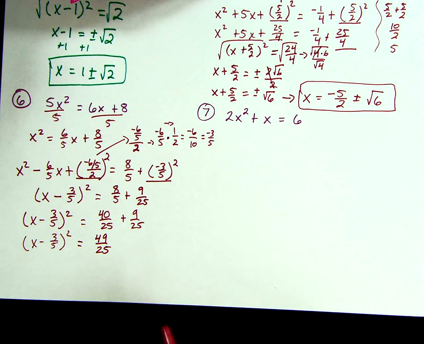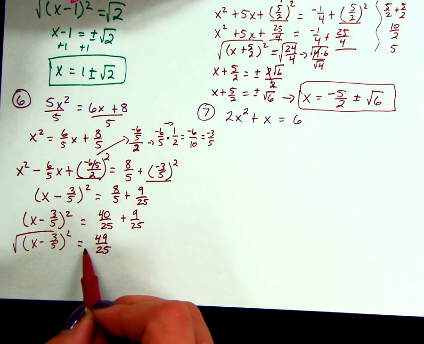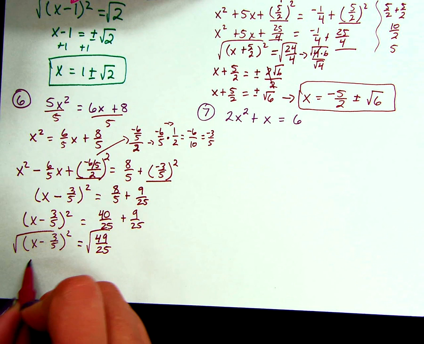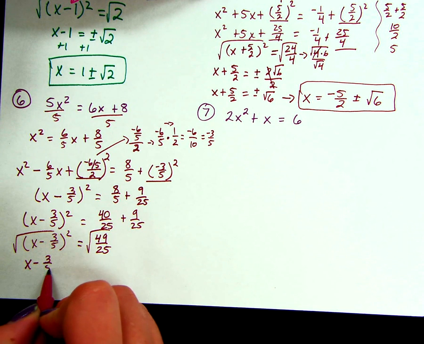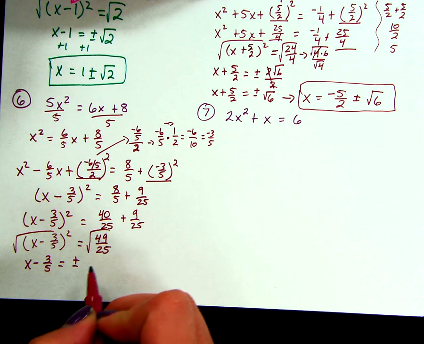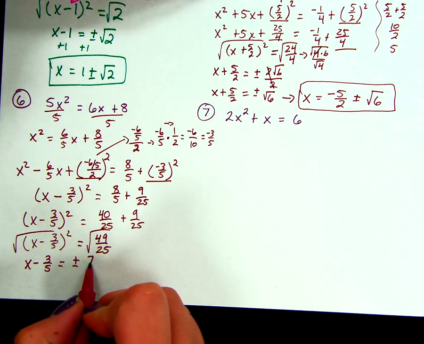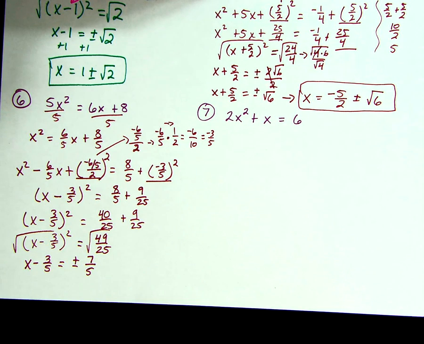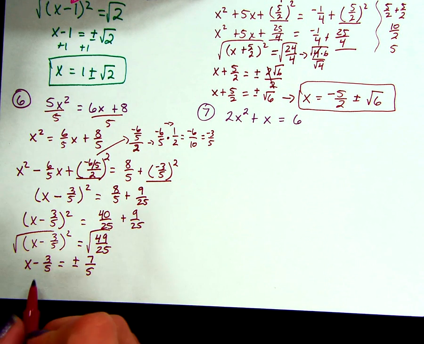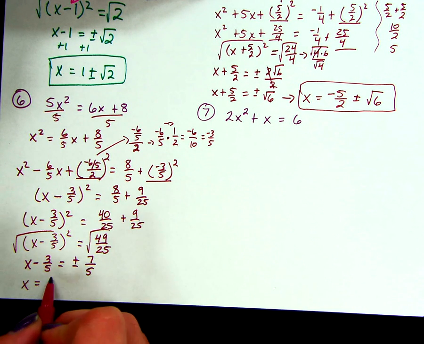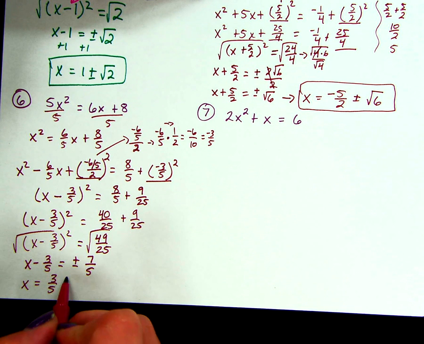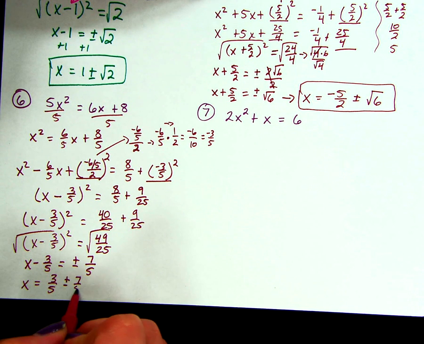Now we are going to take the square root of each side. So x minus 3/5 equals plus and minus, square root of 49 is 7, square root of 25 is 5. Now I'm going to add that term over, so x equals a positive 3/5 plus and minus 7/5.